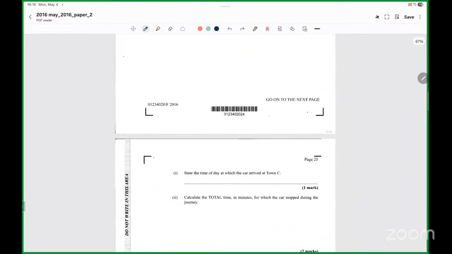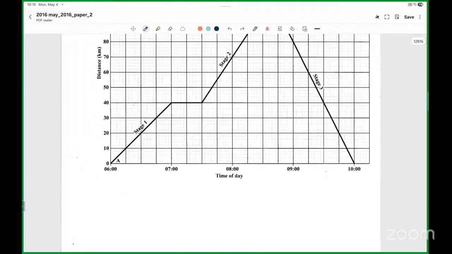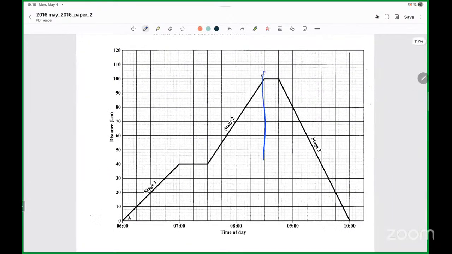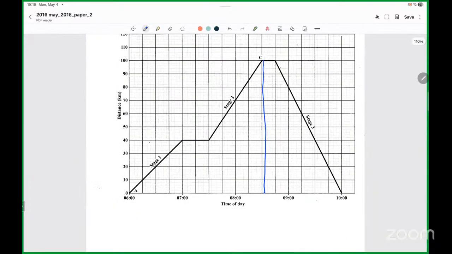It says, state the time of day at which the car arrives at town C. It's when it arrives at town C. When it just arrived at town C, right? Town C is 100 kilometers away. So this is when it arrives at town C. What time is that? That's at 8:30. Halfway between 8 and 9 is 8:30.